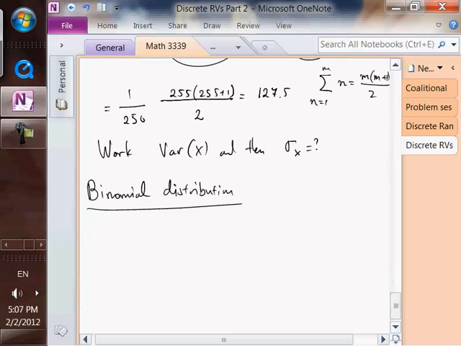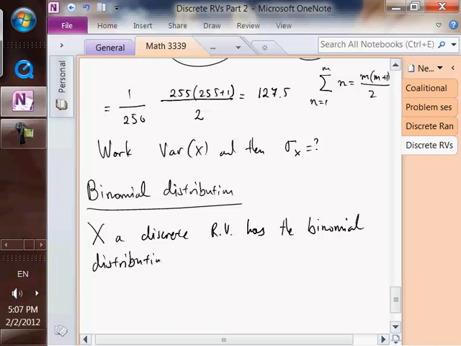Okay, let's go to binomial distributions. We say that X, a discrete random variable, has the binomial distribution with parameters n and p.